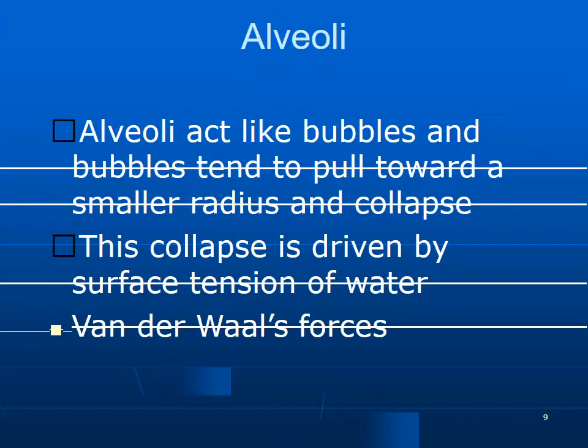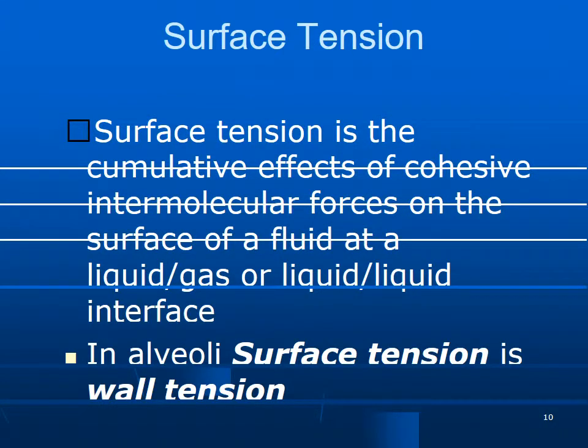All right. So in alveoli, surface tension is the same thing as that wall tension, or the T in the formula. You can even see that here in this picture. You see that color? That's because of surface tension of water.